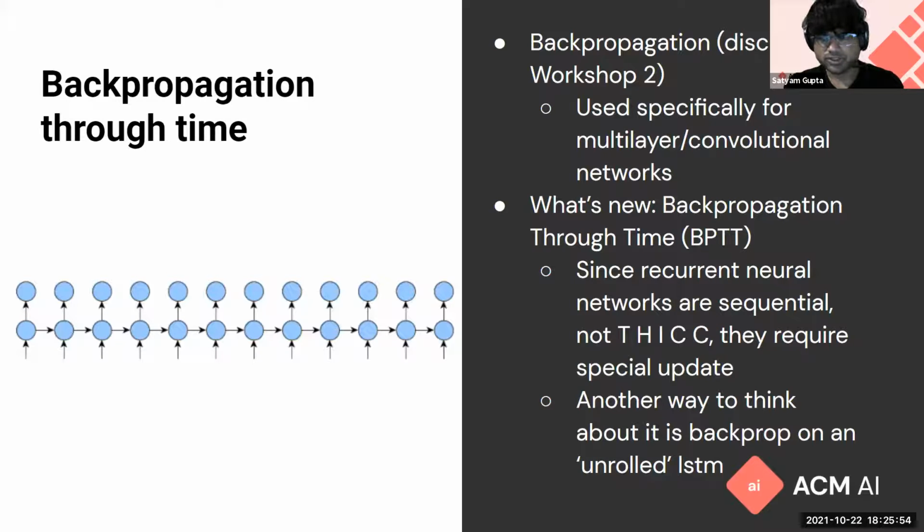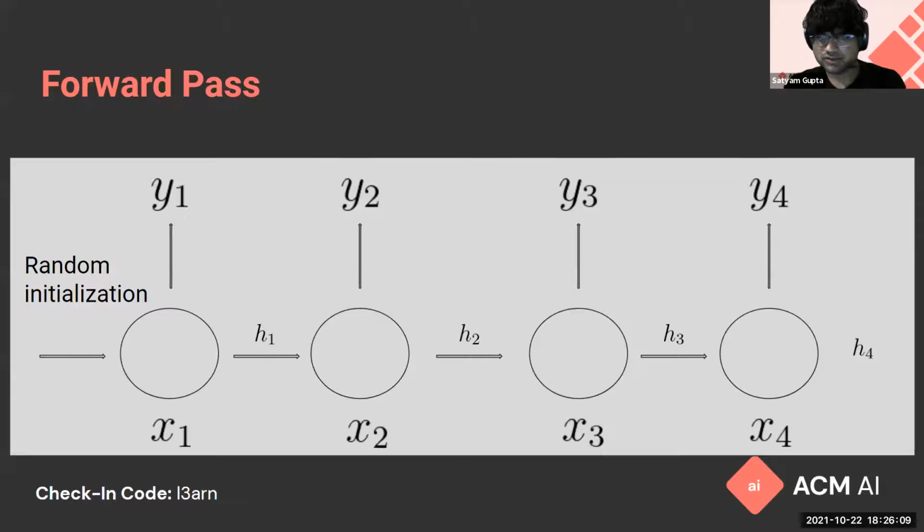So what's new with this one? Recurrent neural networks are sequential, right? They go like this. Previously you had a big layer, but now it's only one layer. That's the difference. So let's talk about one forward pass. You had some random initialization at time step one.